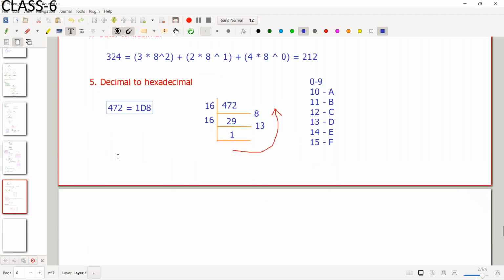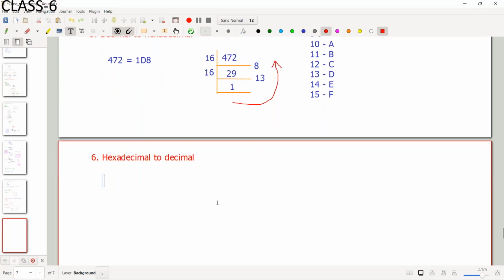And then the next one, from hexadecimal to decimal. Again we have to consider the base for multiplication. I'll consider the same, how this can be done. 1D8 needs to be converted to decimal.